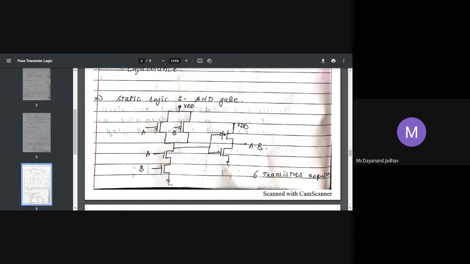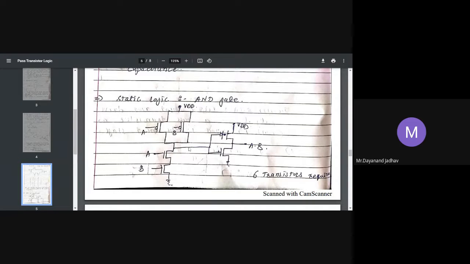So Y which is equal to AB, A and B, this is the output. When we consider these two terminals using PMOS logic, they are connected in parallel, while for AB, the AND operation, NMOS are connected in series.